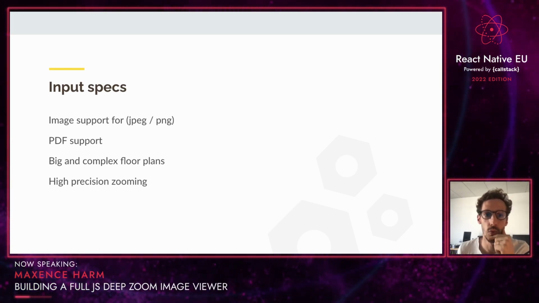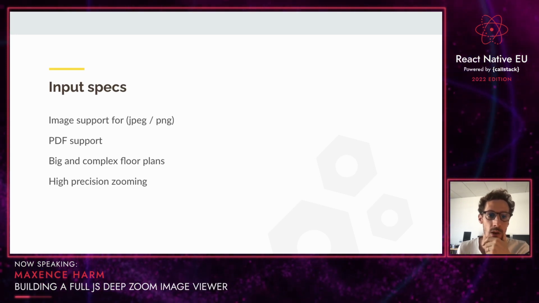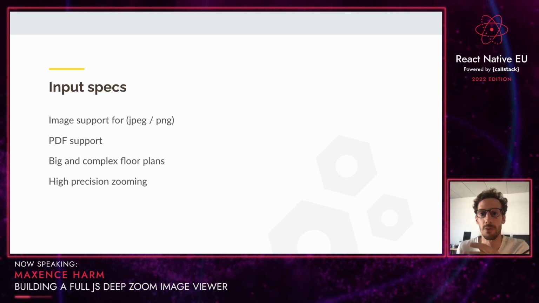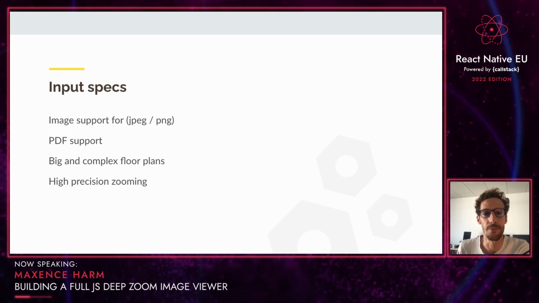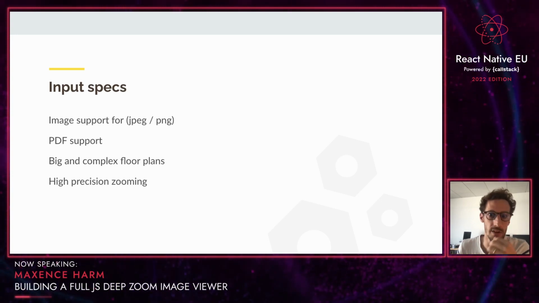We need to handle big and complex floor plans. Big means mainly for raster images. They might be several thousands of pixels wide and tall, so that would be something to take into account.